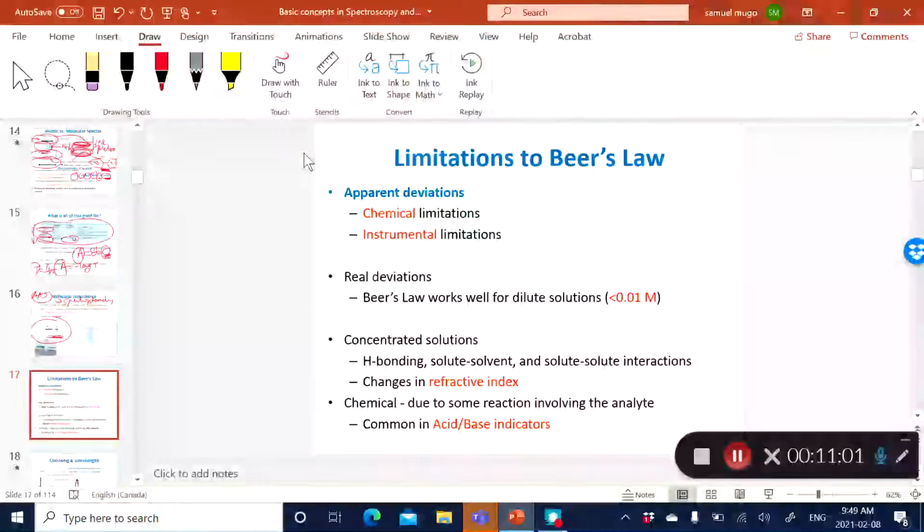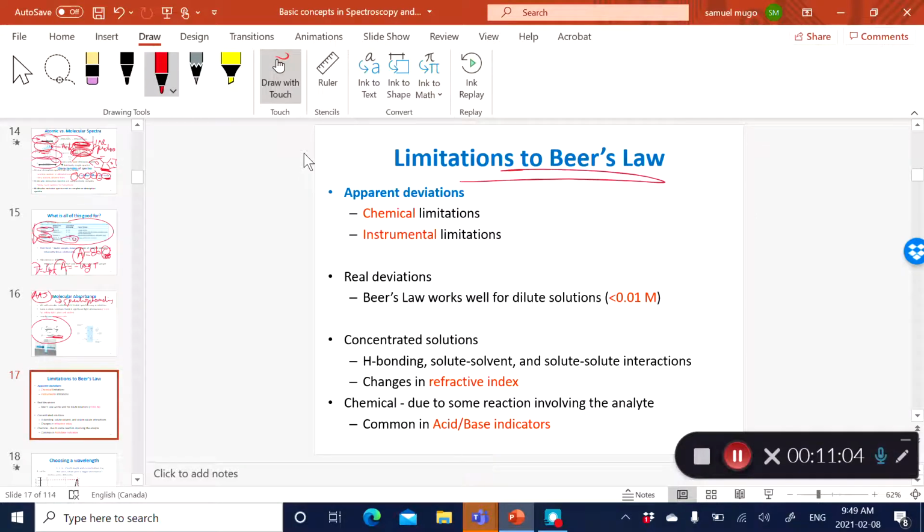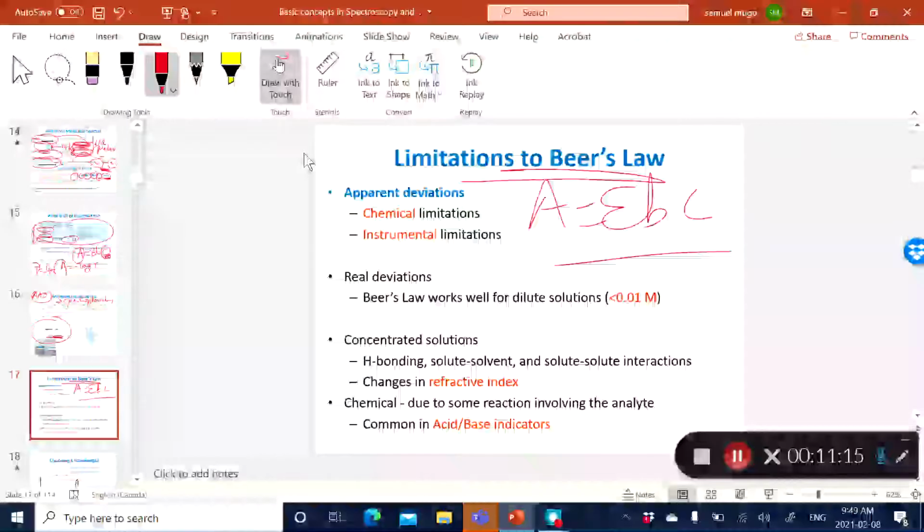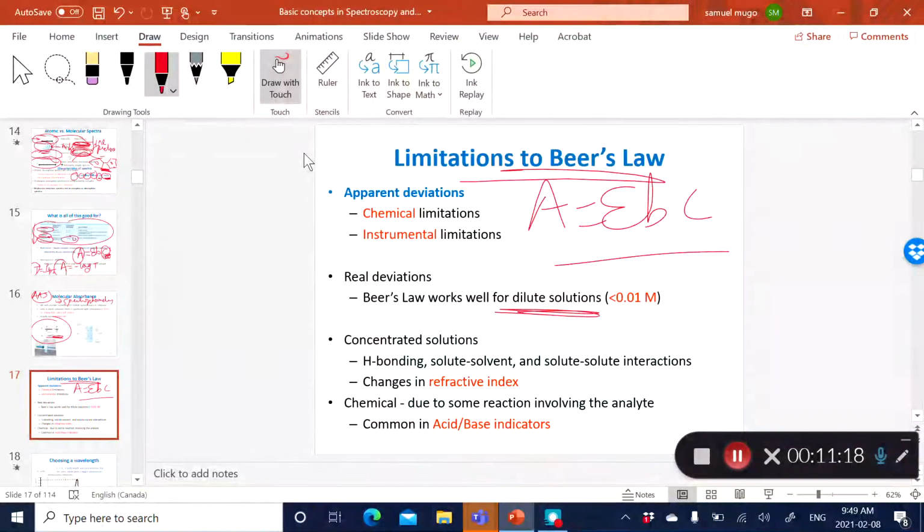Now, absorbance spectroscopy is always based on Beer's law. And of course, Beer's law refers to that relationship. However, Beer's law is only effective when you're dealing with dilute concentrations. Meaning, if the concentrations are not dilute, meaning absorbance is greater than 1, then Beer's law does not hold true.